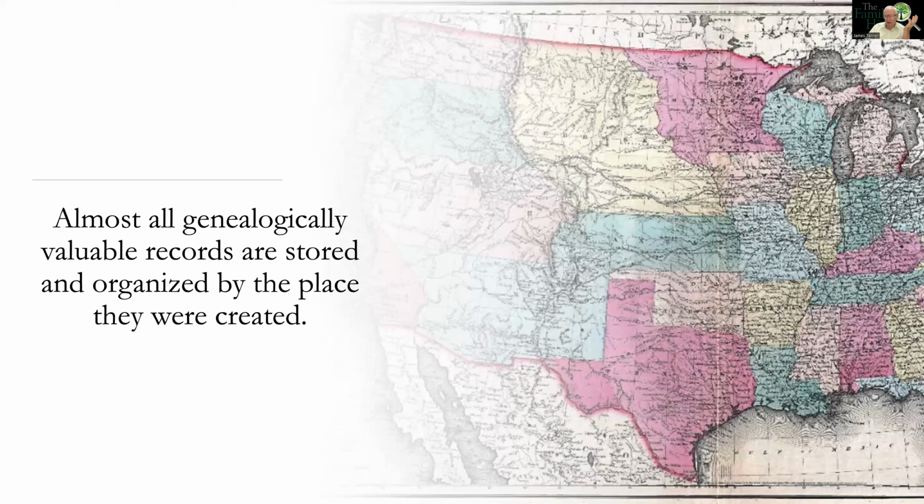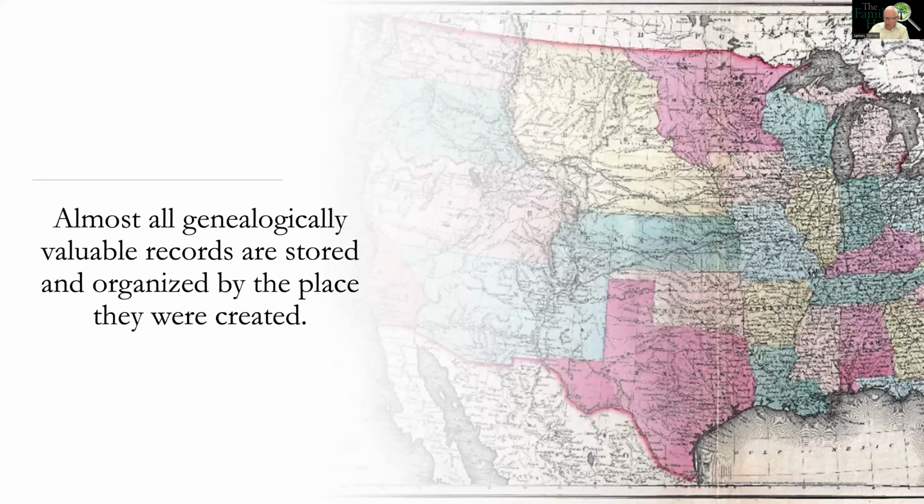And I say, well, where in Italy was he born? We don't know that. Well, the fact that you don't know where this person was born, where some event occurred in his life in Italy, means you have to search every record in Italy to find this person. And chances are that his name or her name is going to be the same as thousands and thousands of other people. So you can see that's virtually impossible.